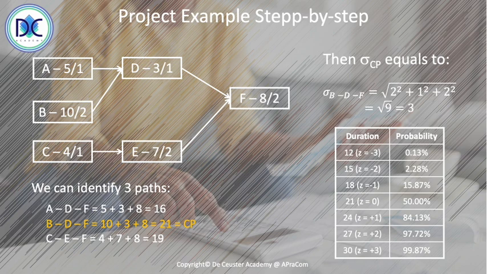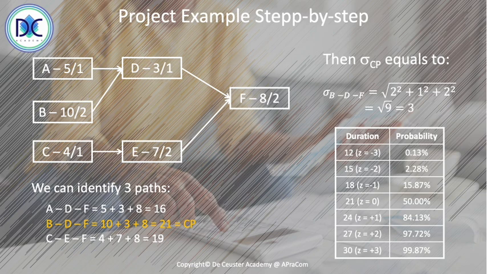So with this information, we have a clear overview of the link between duration and probability, and that's a very interesting element to share when you're talking with your management or with your sponsors or with other stakeholders.